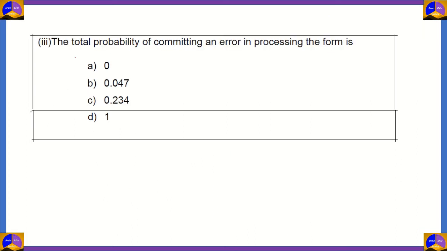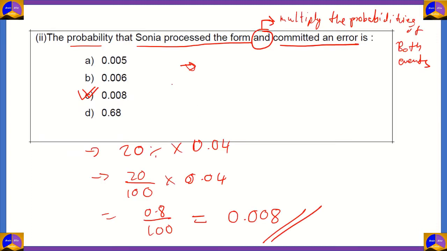Now let's look at our third question. The total probability of committing an error in processing the form is. So, how do you solve this question? If you look at the previous question, in order to find out the probability that Sonia processed the form and committed an error, we multiplied the probabilities of both events, processing the form and committing an error.